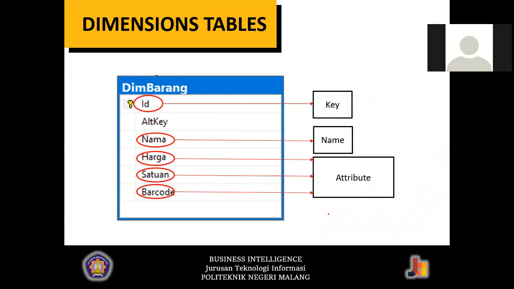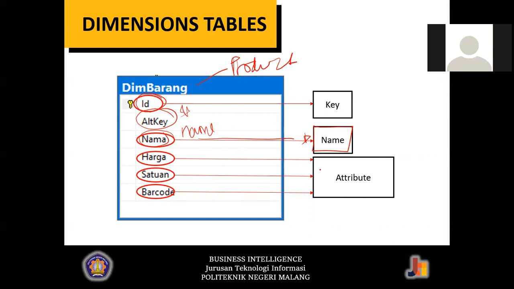So let's say this is the product dimension. This is the ID, the primary key, or maybe you would like to have an alternative key. This is optional. And then the name of the product will stand for the name column.